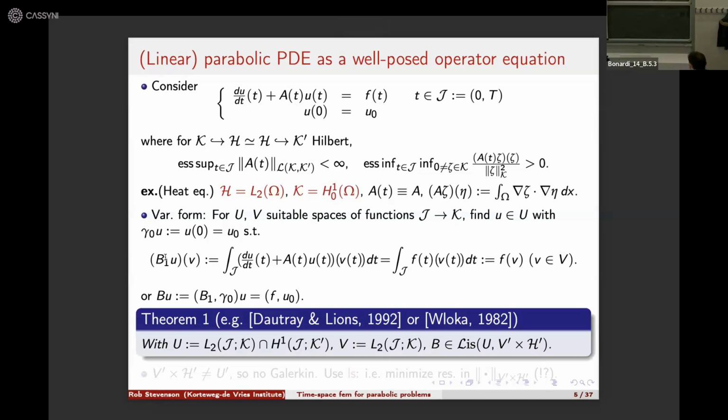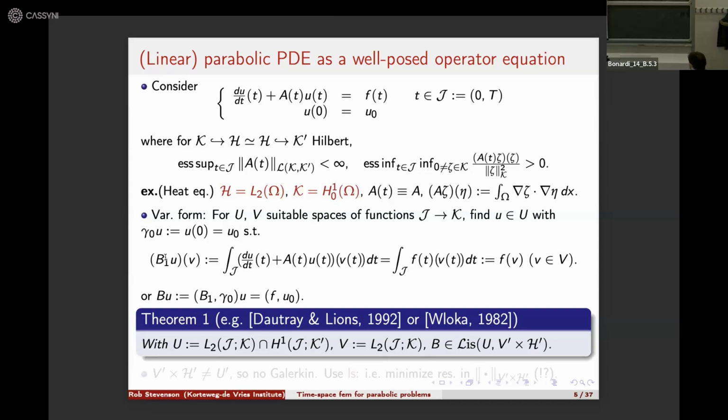So the solution will live in the space L2 in time, this is the time interval, taking values in K, say H10, intersected with functions which are H1 in time, taking values in K prime, which is H-1 in this example. And the test functions live just in L2 in time, taking values in H10.